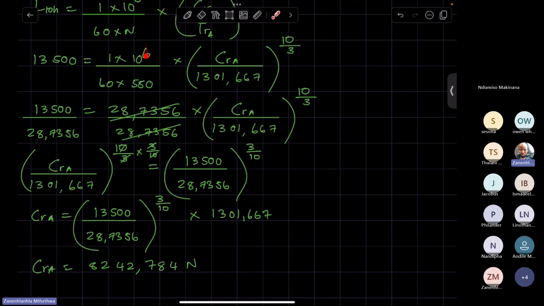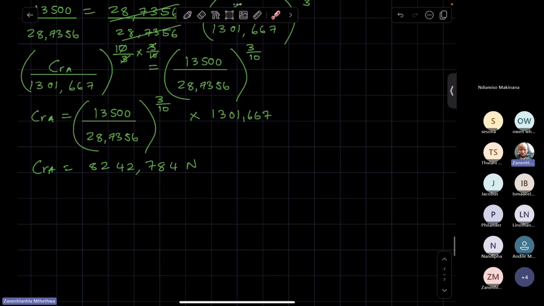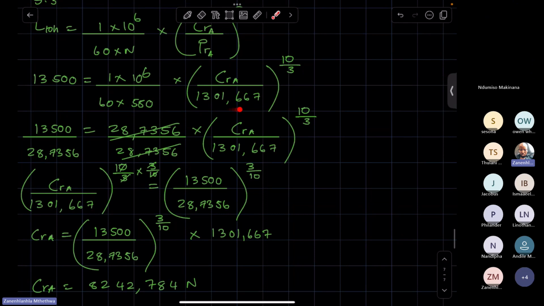So instead of doing all of this, because you've already done it, and essentially in calculating CR for bearing B, you take the very same approach. You can simply start your solution at this point, with this being different. Because remember, this represents the dynamic equivalent.